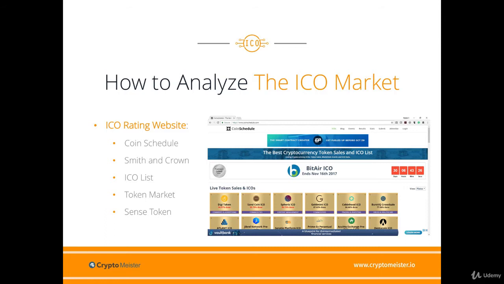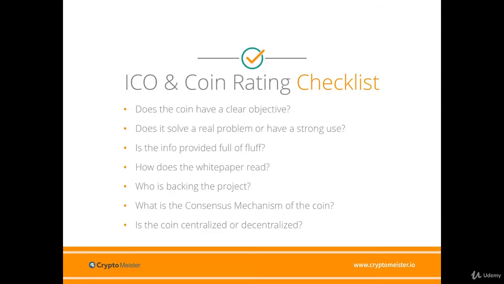ICO List is a popular international ICO site that categorizes its information by ICOs that are over, starting soon, and ongoing. Token Market includes information about ICOs and about already established coins. And Sense Token shows countdowns for upcoming ICOs and a wealth of other information like white papers, videos, alerts that you should be aware of, and plenty of other useful resources.